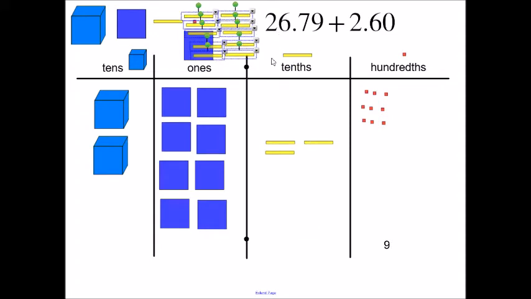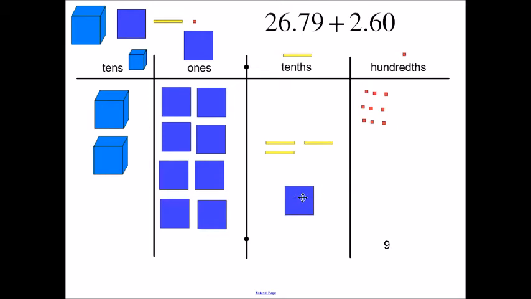And I'm going to take these off of here and I'm going to exchange them for one of these. Now this is then going to move into this column so that I can count it there. So I can say that I have 3 tenths. Here I have 1, 2, 3, 4, 5, 6, 7, 8, 9.